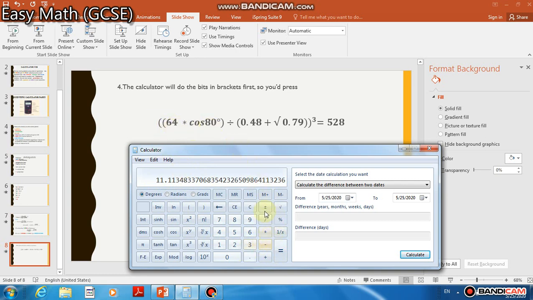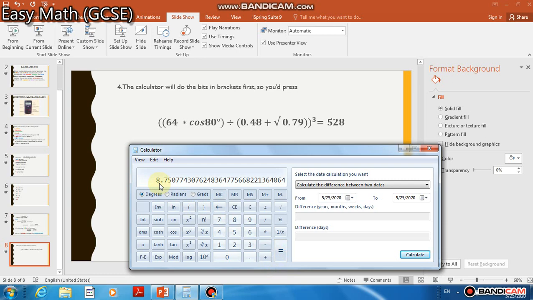Now I will use the division slash symbol and open two brackets for the second operation: the square root of 0.79 plus 0.48, and now close the parentheses to get the answer, 8.750.